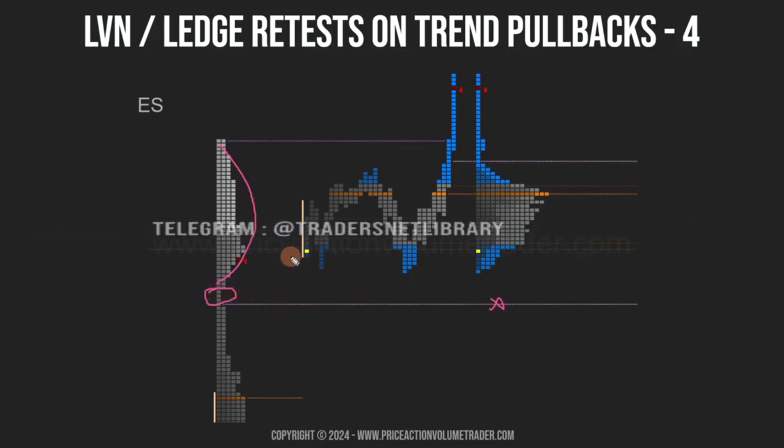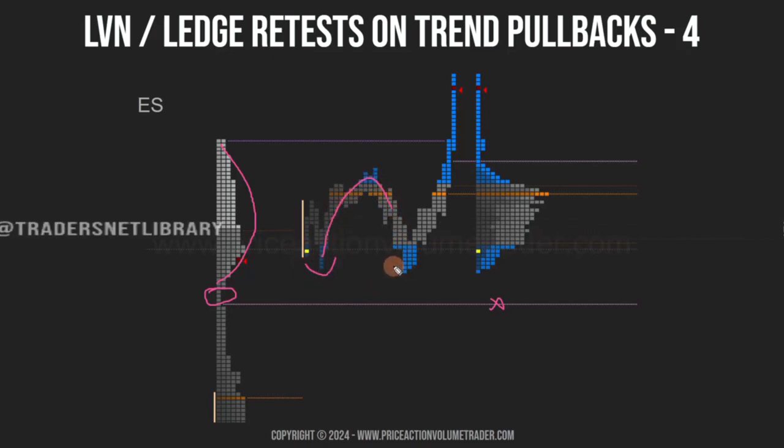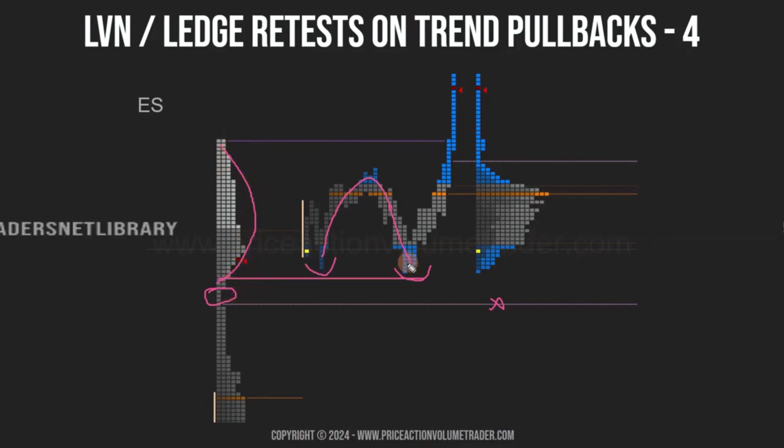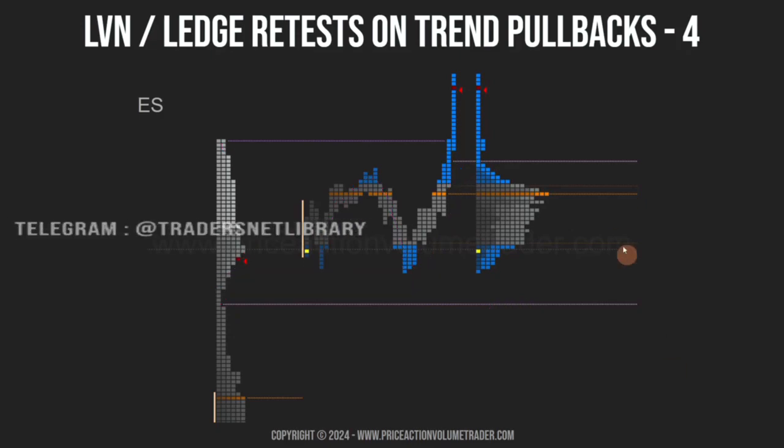And you can see how we came down here. We made the first test of the low. Then we went away, and many hours later, we came back down again to test this ledge of this TPO chart into this cuts in volume, this low volume node area. And then again, we just bounced from there.